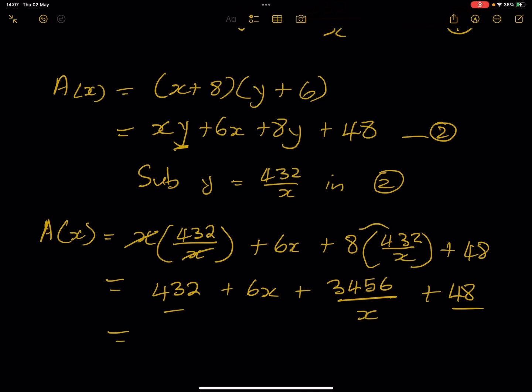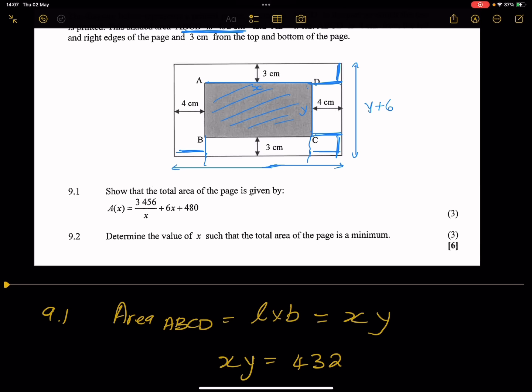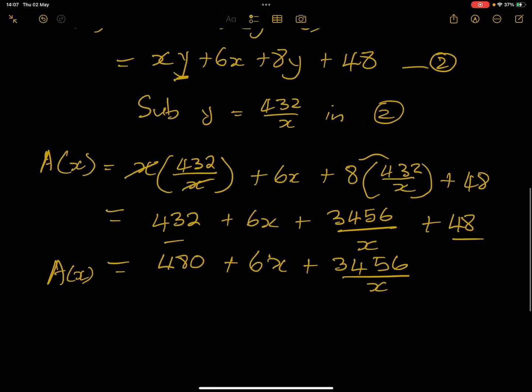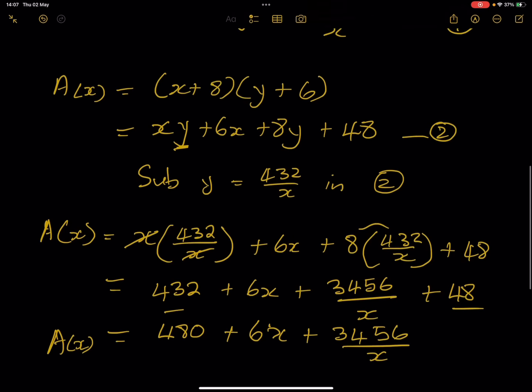Okay, I think this will give me 480 plus 6x plus 3,456 over x. So that is the area in terms of x. I'm sure you can see it, ladies and gents. Okay, so they've just written it the other way around, but it is exactly the same thing.